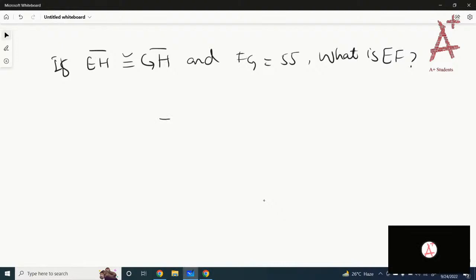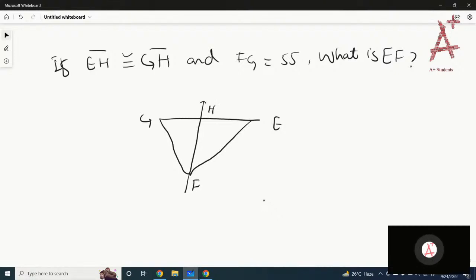Let me draw EG. This is HF. Basically, HF is a perpendicular bisector. Got it? Okay, we have to find EF. So we are given FG equals 55. This one is 55. Got it?